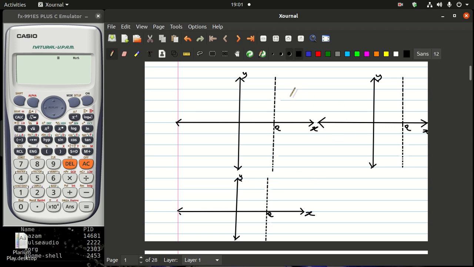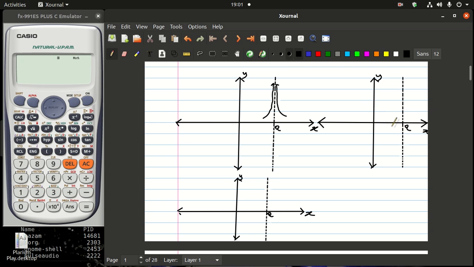What I want us to notice here is that if you have an asymptote at value a, and the function is defined on both sides of this asymptote, the function can either be getting closer and closer to that asymptote, all the way, but it's never going to touch it. And on the other side, it's also getting closer and closer, but it's never going to touch it, and it keeps continuing all the way up.